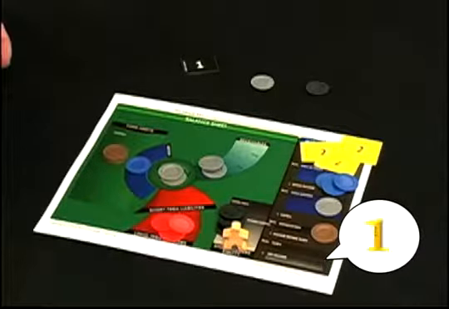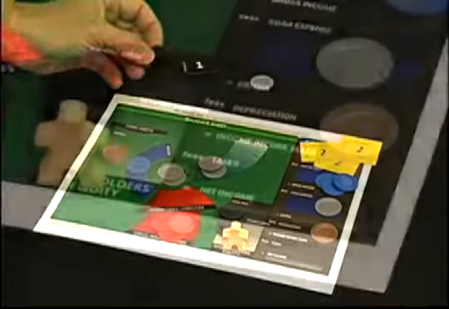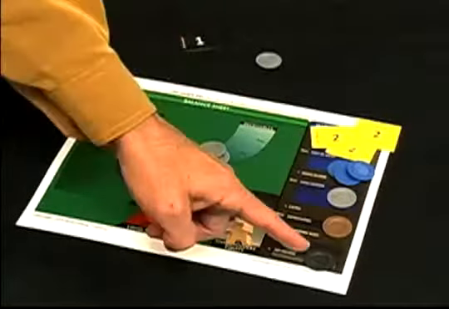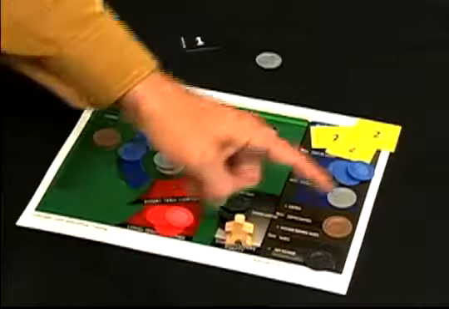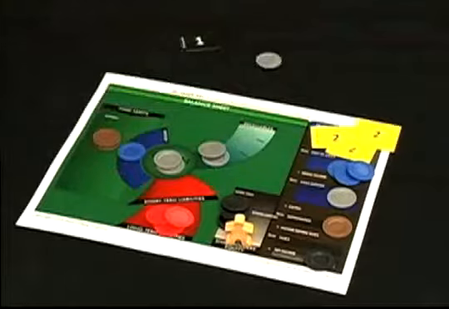Congratulations, you made a profit in your first quarter of operations. To represent the profit, place 1 black chip at the bottom of the income statement. Now you can see your profitability, or return on sales. 1 in profit from 6 in sales, or 17%.